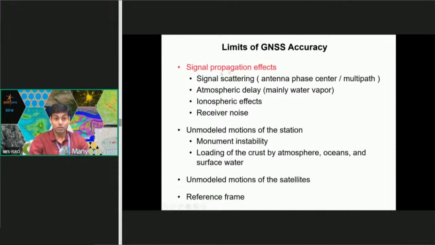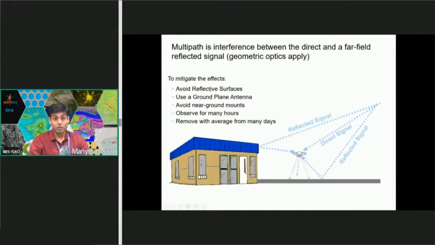So now we will discuss the signal propagation effect. Signal propagation effects can be induced mainly by multipath. You can see this is the reflected signal and this is the direct signal. The direct signal goes directly to the antenna. We know that the carrier wave, our electromagnetic wave, comes right-handed polarized. So we normally use a choke ring antenna.